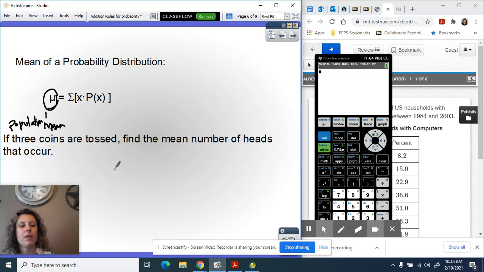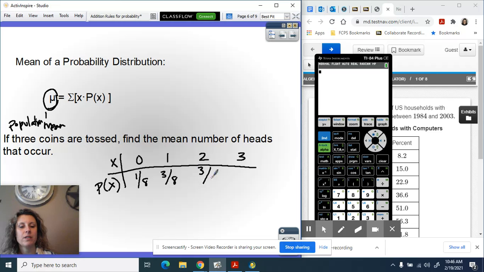So we're going to go through that for the probability distribution that we just made a second ago with the number of heads when you toss a coin 3 times. So we've already written out this probability distribution. So hopefully you guys already have that written down, and we're just going to practice using this formula.